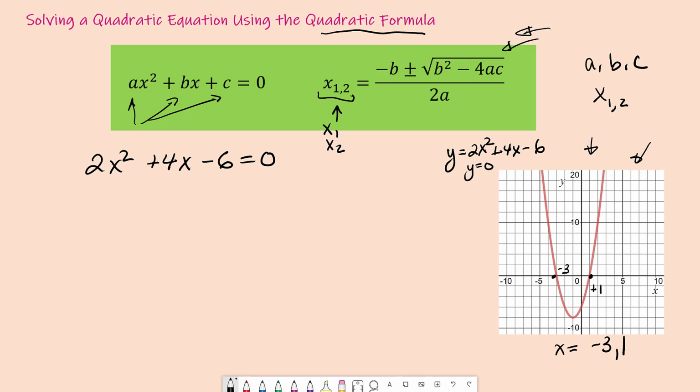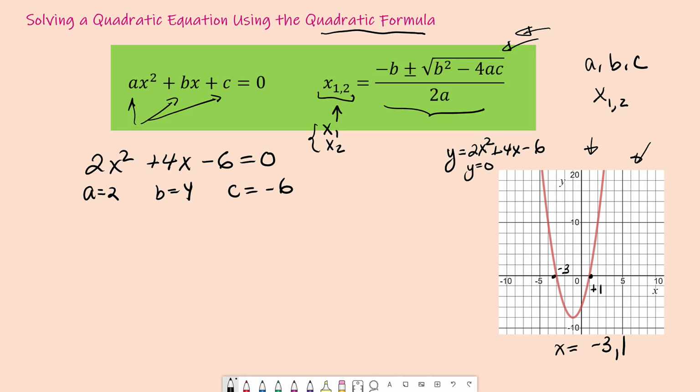So this formula gives us two solutions, x1 and x2, that are an algebraic formula in the coefficients from our equation. So what do we have in our example here? We have A equals 2, B equals 4, and C equals negative 6.